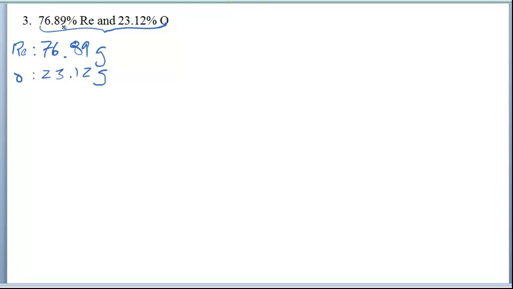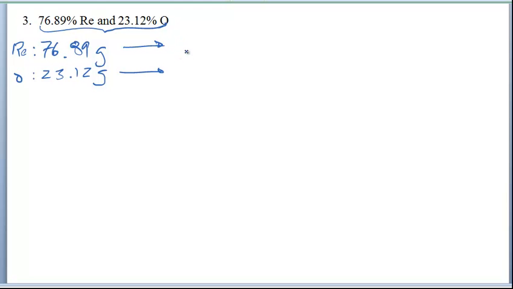All right, so this is a nice little trick that we use to convert the percent composition into grams, and then from grams we know how to get moles. And this works because by assuming that we have 100 grams of sample and turning these percentages into grams, we are maintaining the exact proportion among the elements. We're not changing that composition at all. So this is a nice little trick that we use.